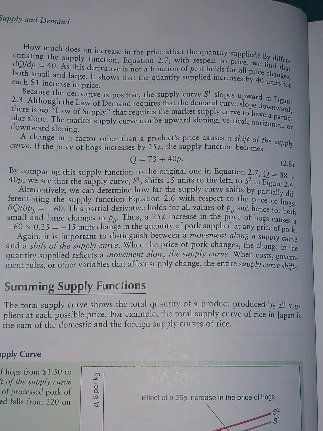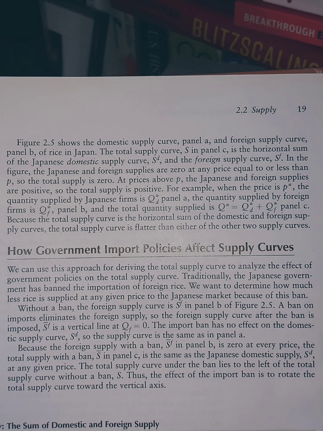Summing supply functions. The total supply curve shows the total quantity of a product produced by all suppliers at each possible price. For example, the total supply curve of rice in Japan is the sum of the domestic and the foreign supply curves of rice. Figure 2.5 shows the domestic supply curve, panel A, and foreign supply curve, panel B, of rice in Japan.